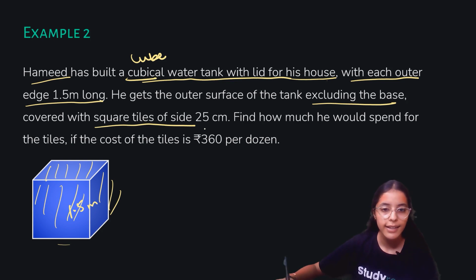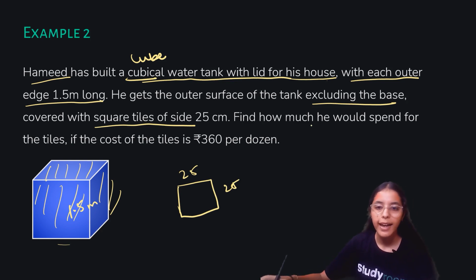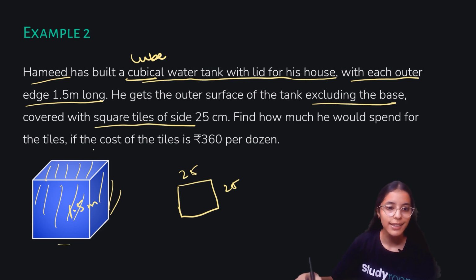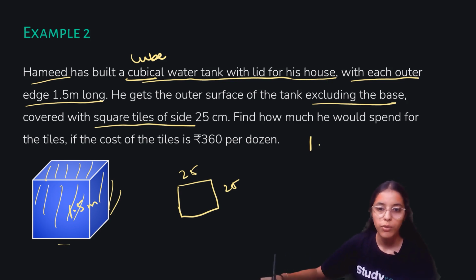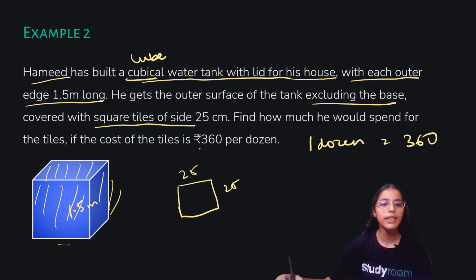Now the square tiles are of dimension 25 into 25. We have to find out how much he would spend on tiles if the cost of the tiles is 360 per dozen. So one dozen tiles cost 360. First, to find the cost, we need to find how many tiles are used.